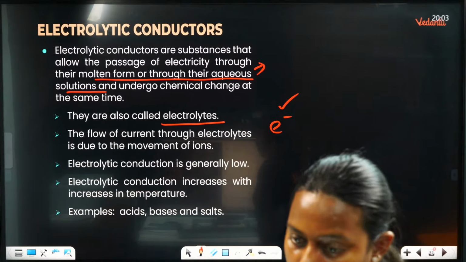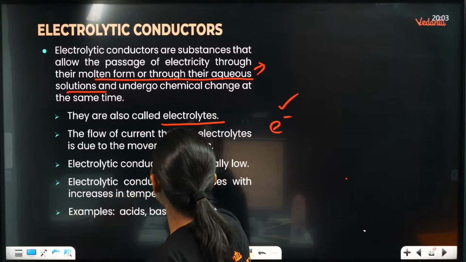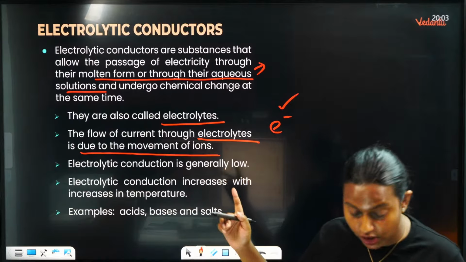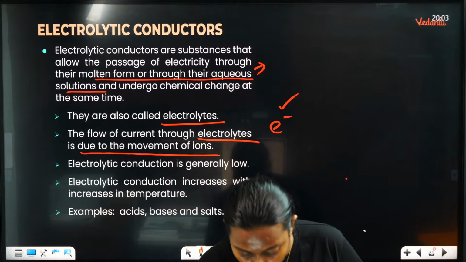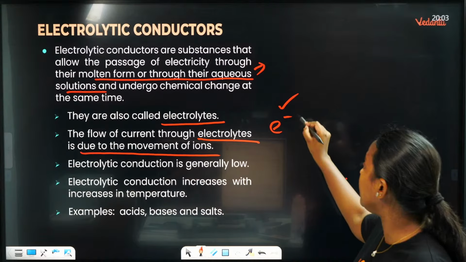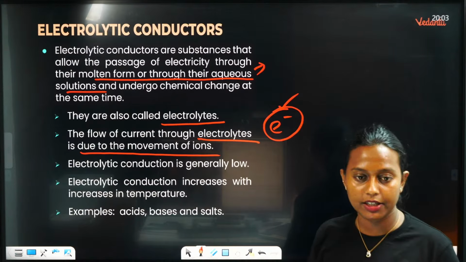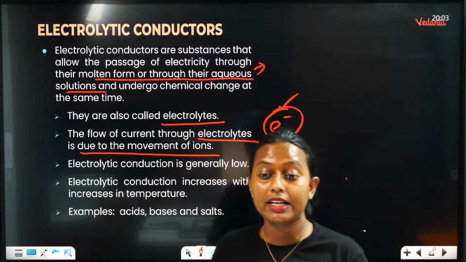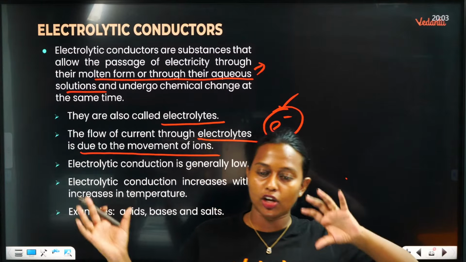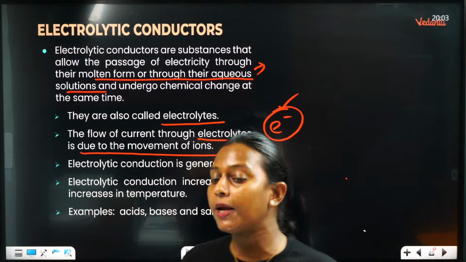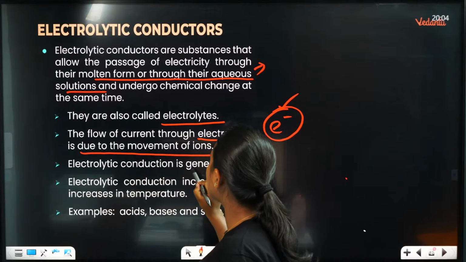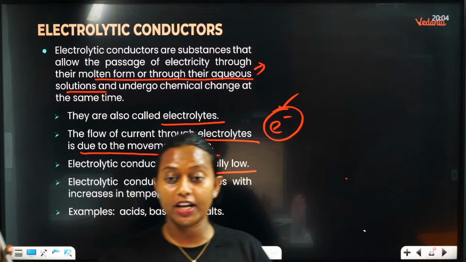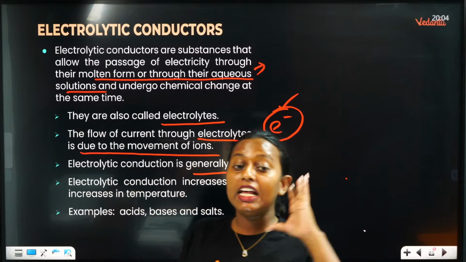The flow of current through electrolysis is due to the movement of ions. In metals, the movement is of electrons, but in electrolytes it is the movement of ions, cations and anions. And electrolytic conduction is generally low compared to the conductivity of metals.